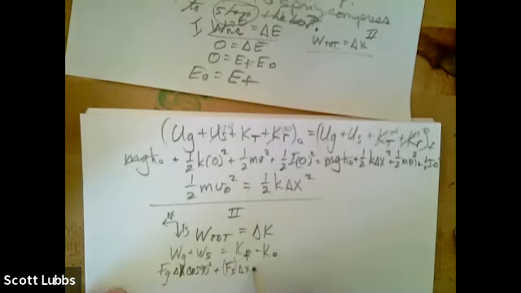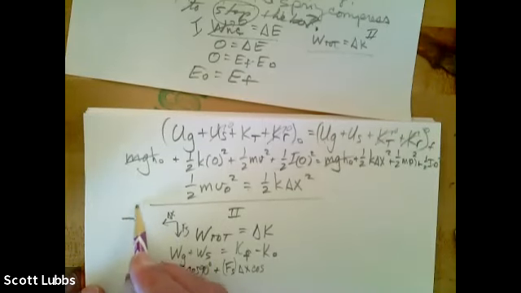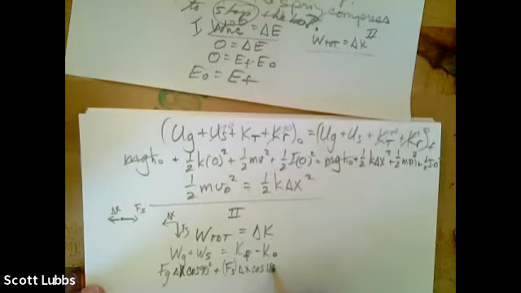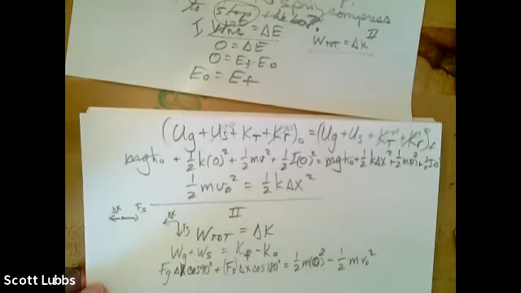This is changing, times the cosine of the angle between them. The spring's force is this way. The delta X is this way. The cosine between them is 180 degrees. And that's going to equal the final kinetic energy, 1/2 m v final, which is 0 squared, minus 1/2 m v initial squared.